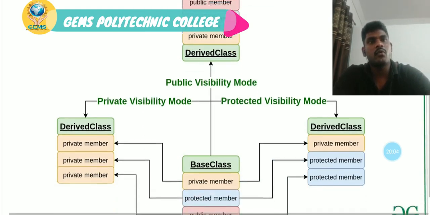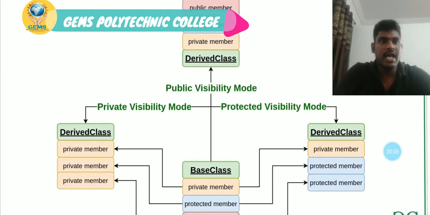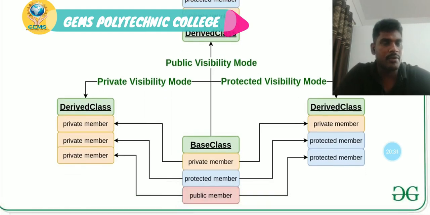So what will happen when you derive a subclass as public, protected and private? Automatically the properties will change from one class to another class. Public always would be public. In a public derived class, all are the same: private will be private, protected will be protected, and public would be public.